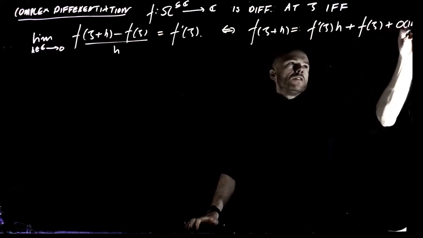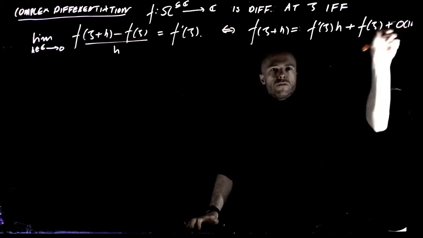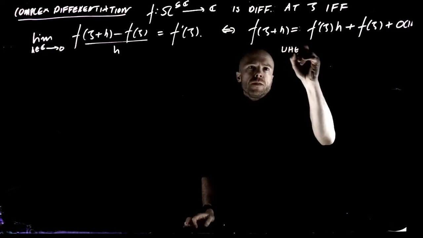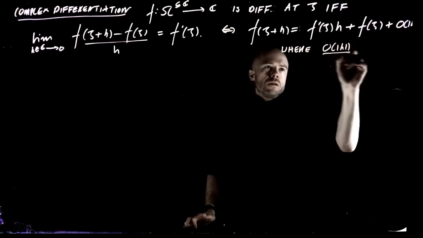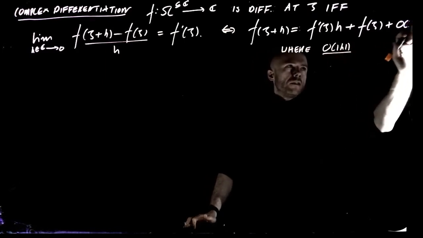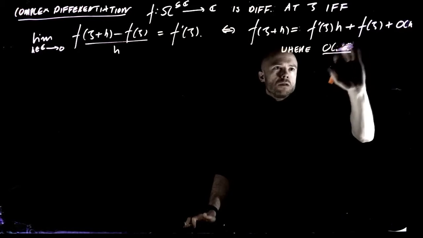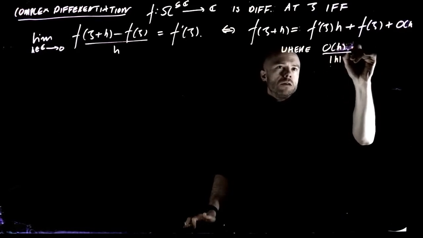Let's use this notation, where this thing goes down to 0 faster than the absolute value of h, right? So I don't need to put modulus inside, I guess I just put h. So this is the error here, and this thing is going down to 0.